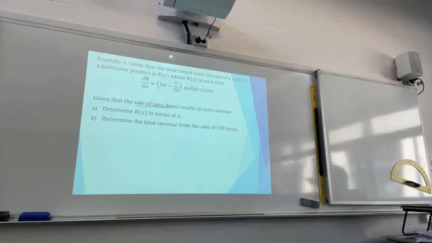Given that the sale of 0 units results in 0 revenue, so when x equals 0, R equals 0, correct? So you should be able to determine R(x). So dR/dx equals 50 minus x over 20. Therefore R(x) is 50x minus x squared over 40.